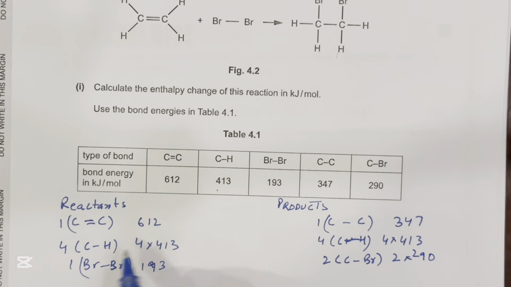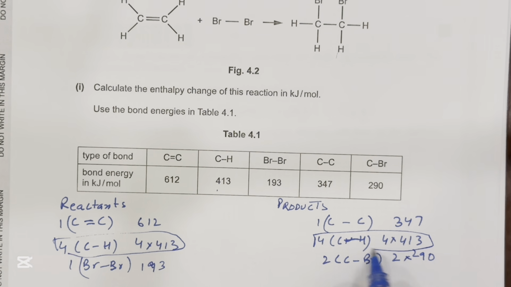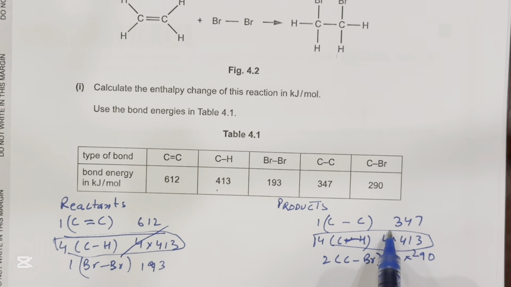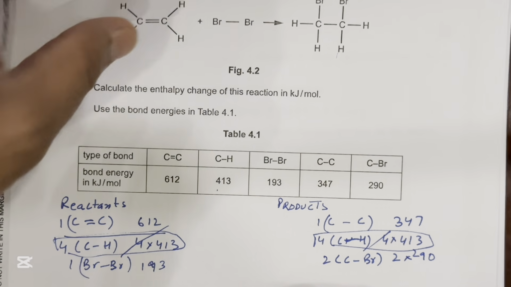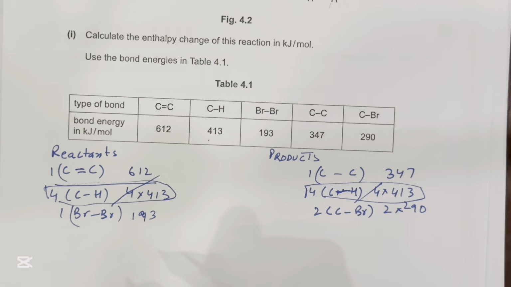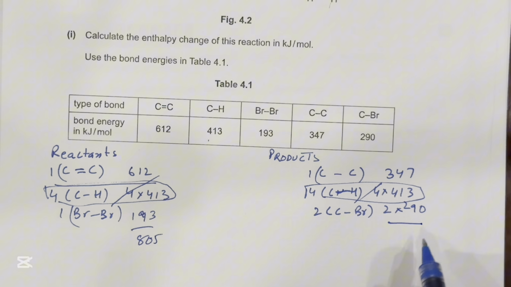If you look carefully, the carbon hydrogen is similar in both reactants and products, so you don't need to add them. You can cancel them because ultimately they are going to be subtracted, and simply add 612 and 193 because they have the same effect. So it would be equal to 805, and the products would be equal to 927.